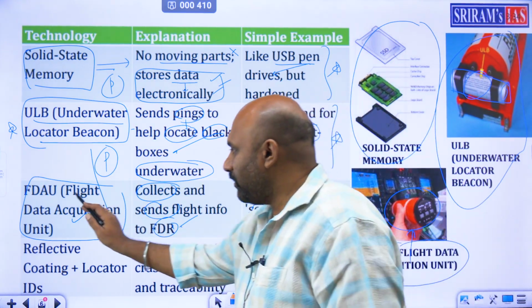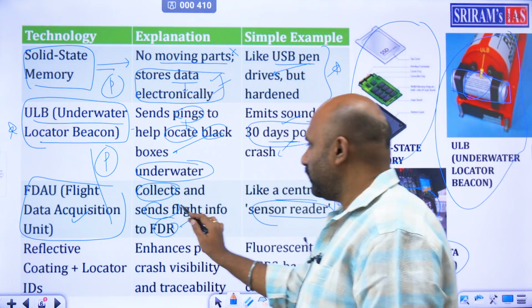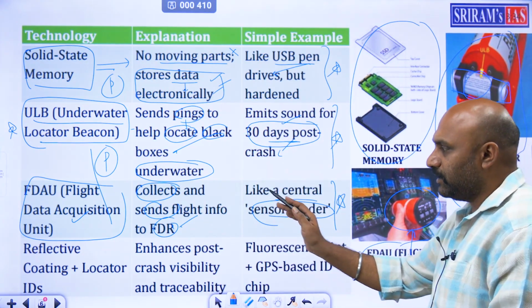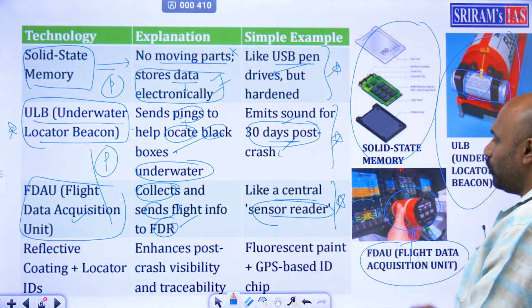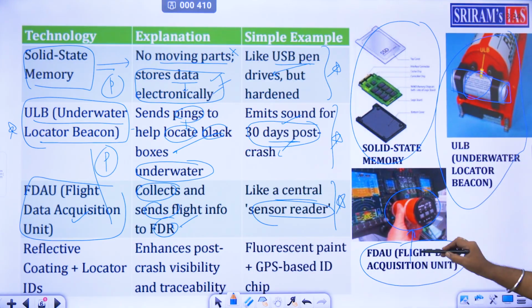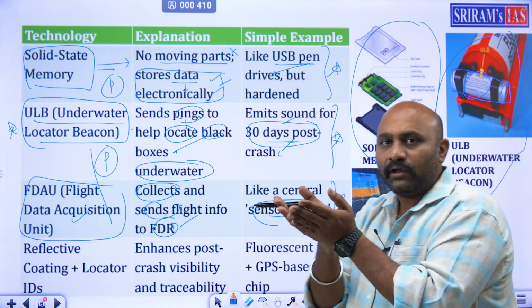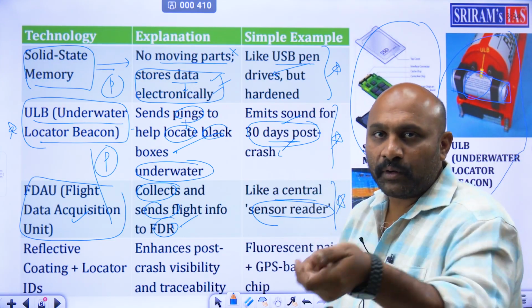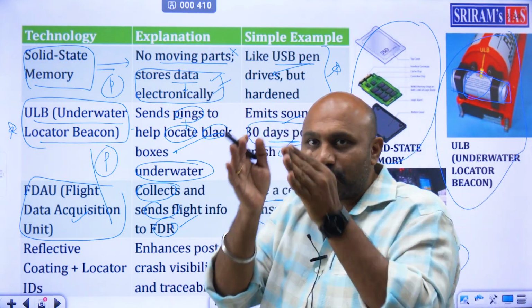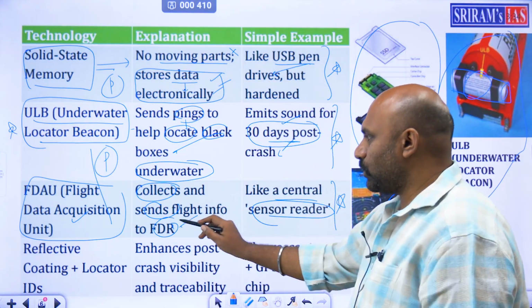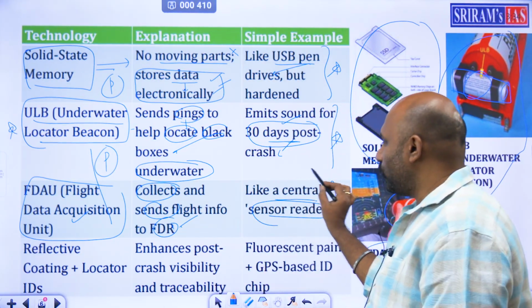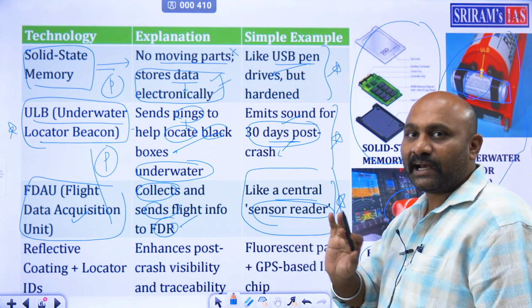It looks like a small cap, like the charging point we put in a car, in that shape, bell shaped. So that is how your FDAU looks. It acts like a central sensor reader.